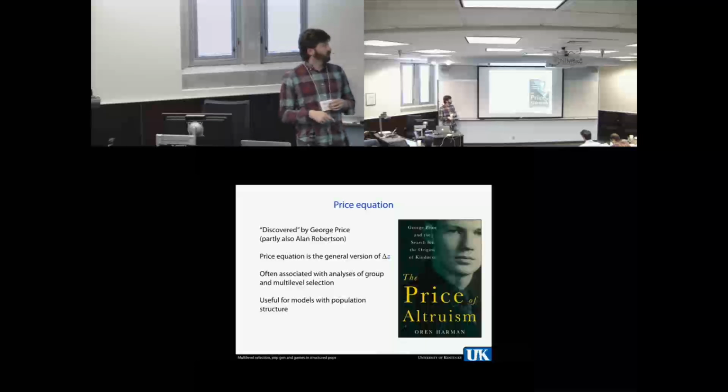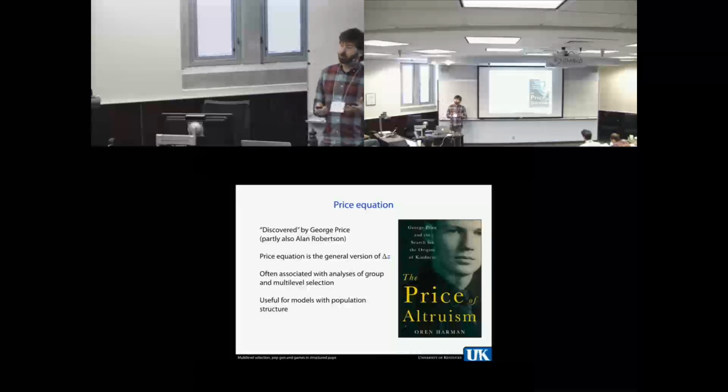It's particularly useful for population structure because you don't necessarily have to assume anything about the population structure initially when you start to analyze the population with the Price equation. Then it can help you figure out how that structure affects the change in gene frequency over time.